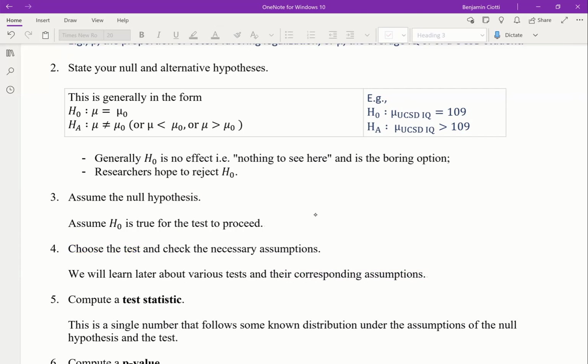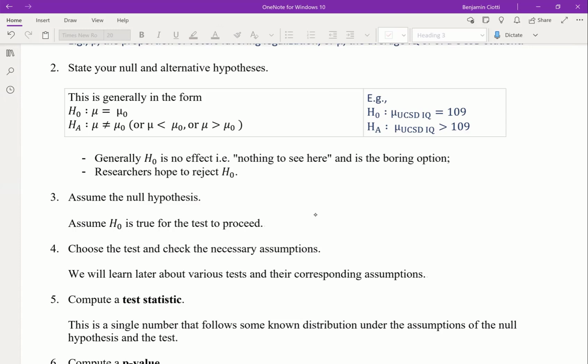But once you know about the tests and their assumptions, you need to check those assumptions in order to proceed. And sometimes the assumptions, which generally have to do with your sample size or with the shape of the population distribution, like is the population distribution normal, for example, and are your samples random or appropriately random?